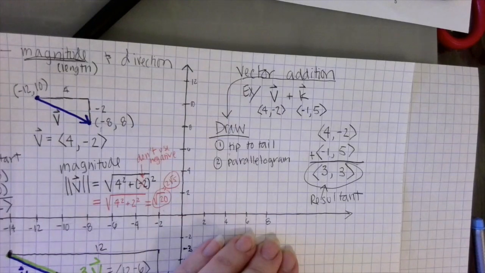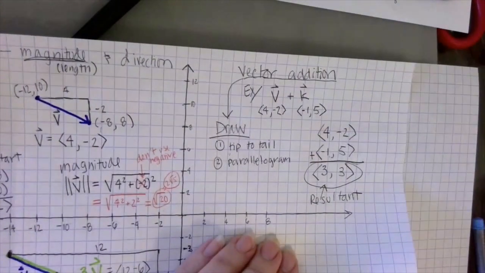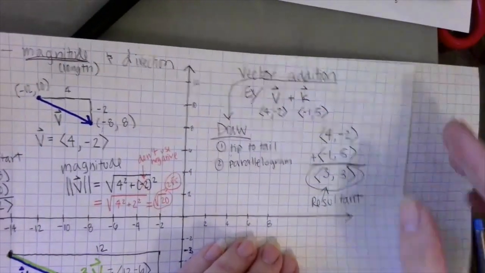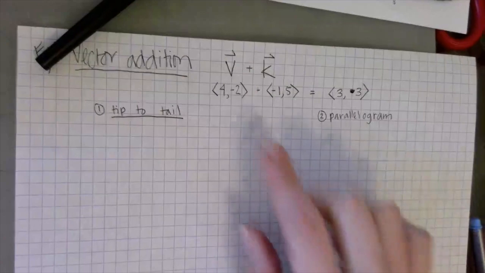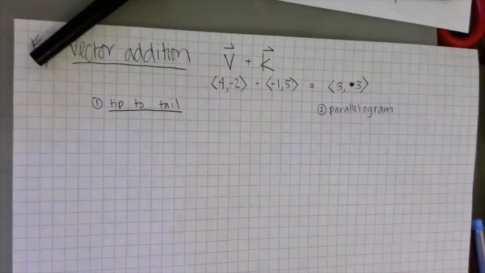So again, there are two ways to draw vector addition, the tip-to-tail method and the parallelogram method, and we are going to go over them for this example of vector v plus vector k. So here's vector v, here's vector k, and we just got that the resultant was 3, 3.